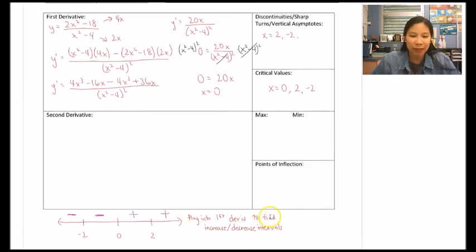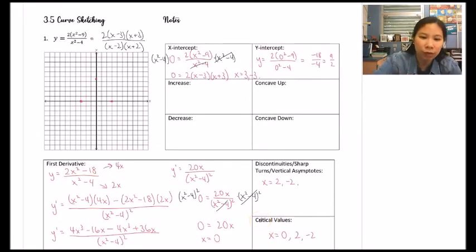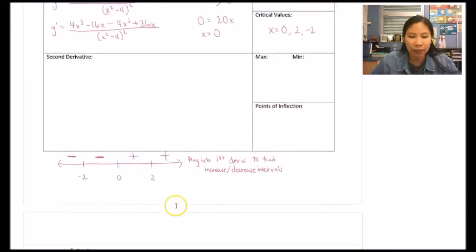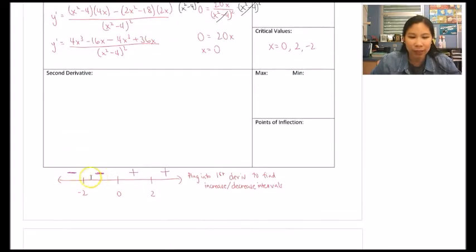So writing this out, for increase we have from 0 to 2, and then from 2 to infinity. And decrease was negative infinity to negative 2, and then from negative 2 to 0. And I know it looks like we have minus minus, so it sounds like this whole entire set should be decreasing.